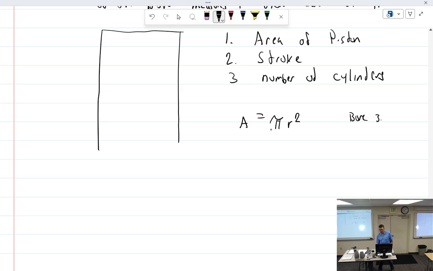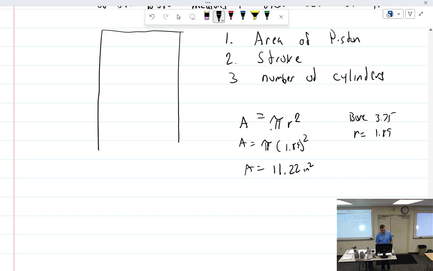Bore is 3.78. So that means the radius equals half of that. So it's what again? 1.89. So back over here, the area equals pi times 1.89 squared. Work it out on your calculator: 11.22 inches squared. Okay, that's the area.